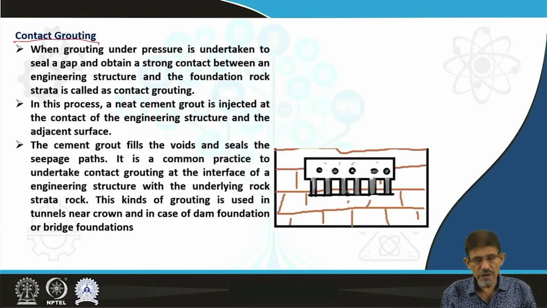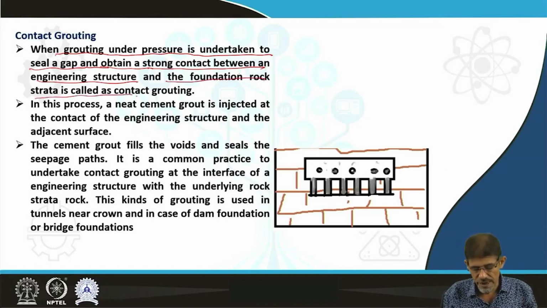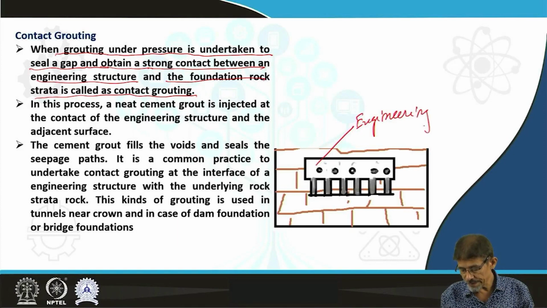The next type of grouting is contact grouting. As the name indicates, contact grouting is when grouting under pressure is undertaken to seal a gap or obtain a strong contact between an engineering structure like a dam, bridge, foundation, etc., and the foundation rock strata. You can see this is the engineering structure, and this is the rock strata where we are going to place it.